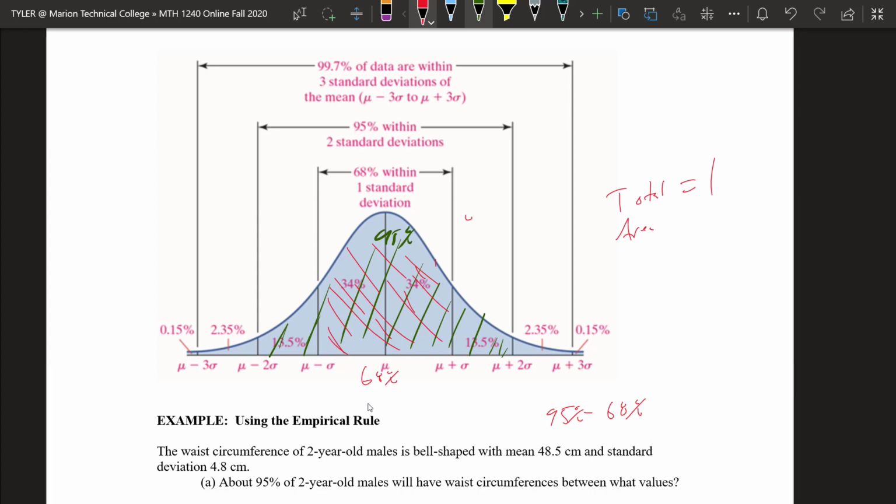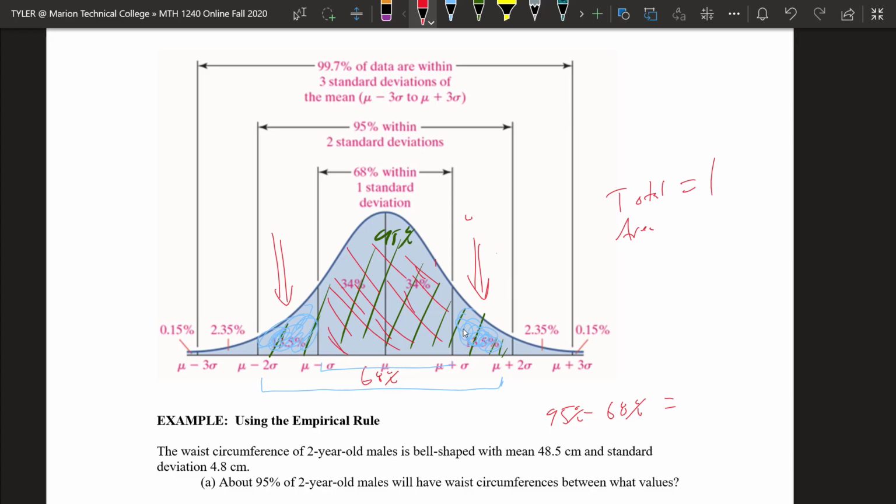So if what I'm after is trying to find just this part and this part, I take the total area that I'm looking at, from here to here, which is 95%, and I subtract off this middle piece. What that's going to leave me with is this area plus this area, right?